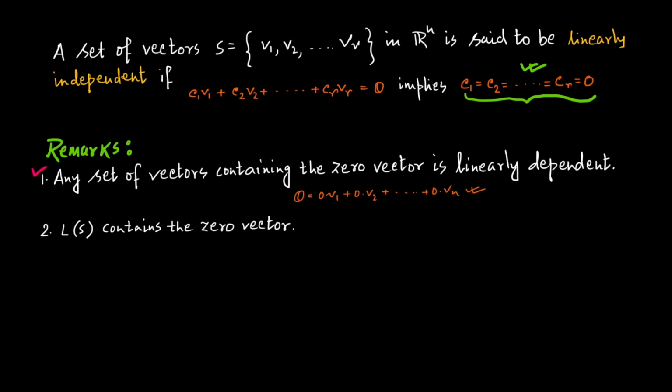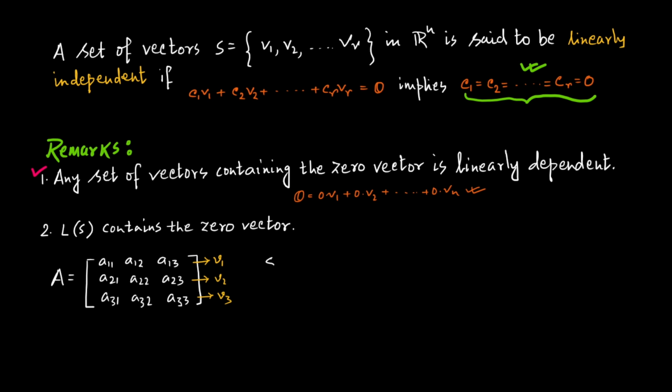Now suppose you have a square matrix A given by this. I have considered an arbitrary 3 cross 3 square matrix. Suppose I denote the first row vector of this matrix as V1, the second row vector as V2, and the third row vector as V3. And I form a set of vectors, S, equal to V1, V2, V3.